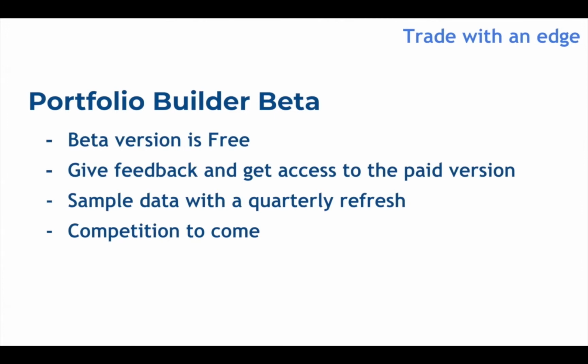You can build your model portfolio, see how it functions, play around with it and get a feel of how it works. We will refresh that data every quarter so you can see how your portfolio has functioned, how your risk measures have worked, and so on.